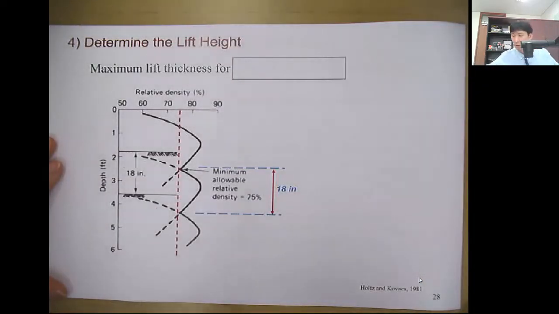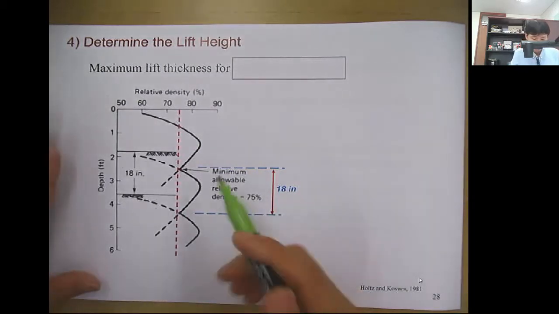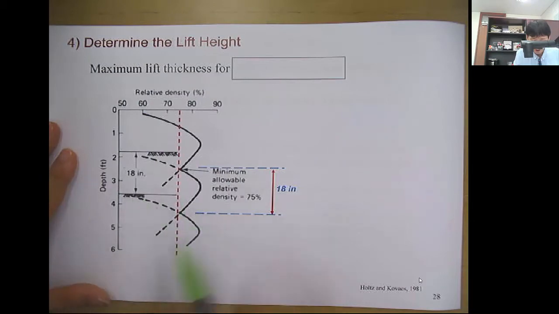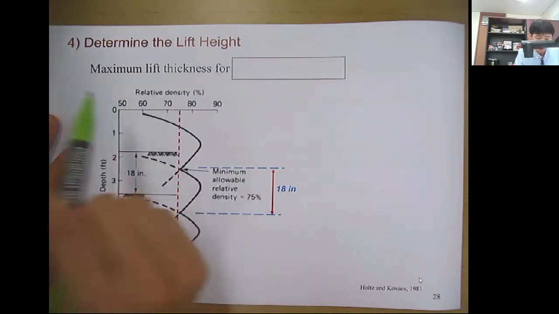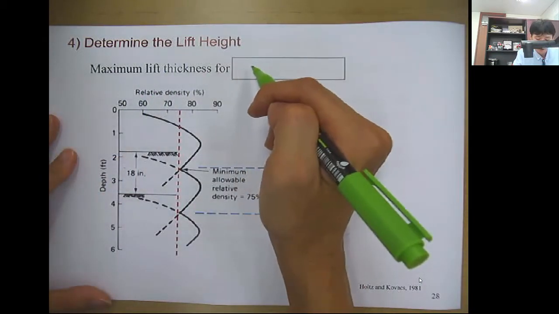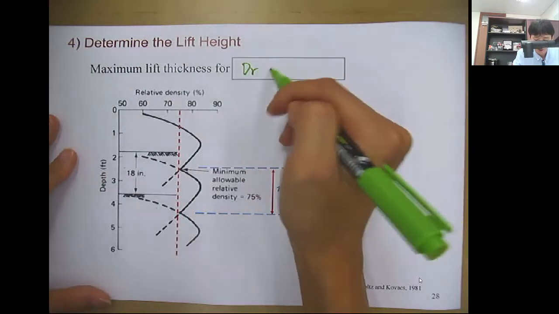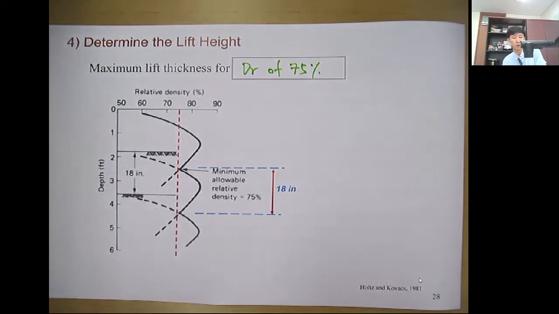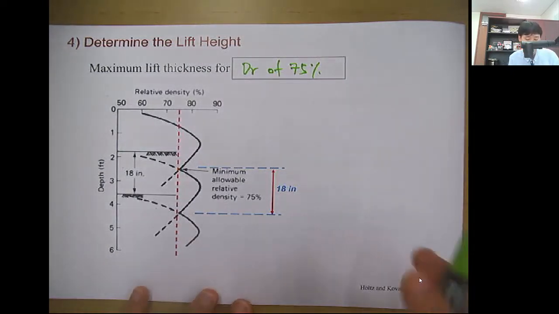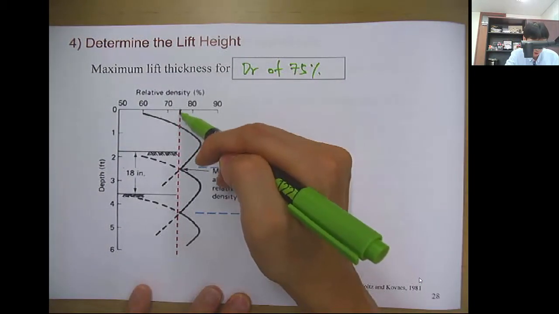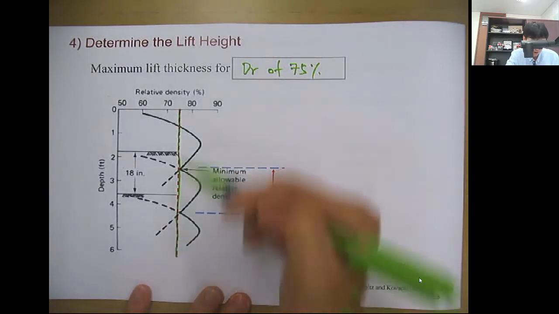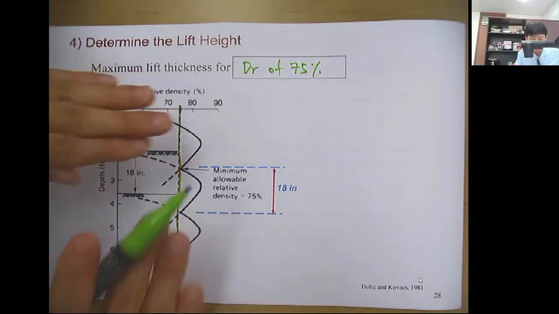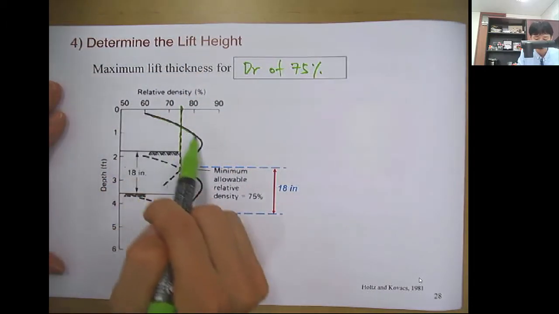And for the multiple layers, you can draw the same kind of curve in layers. Then for the maximum lift thickness, let's say that 75% is our target relative density, then you can draw the line at 75, and you just overlay this density graph.